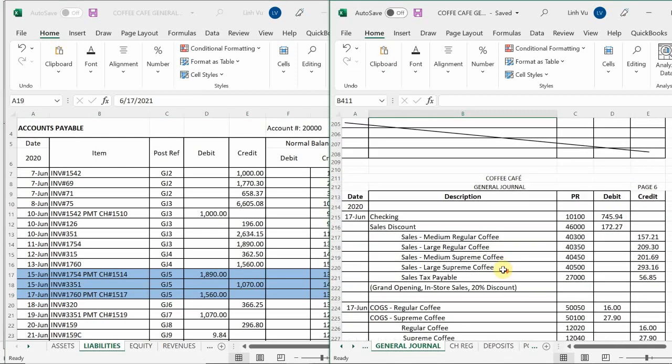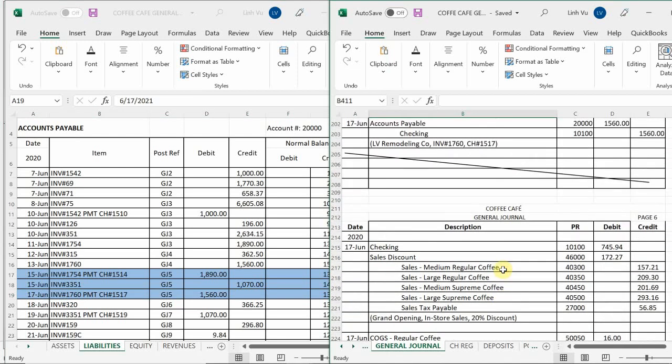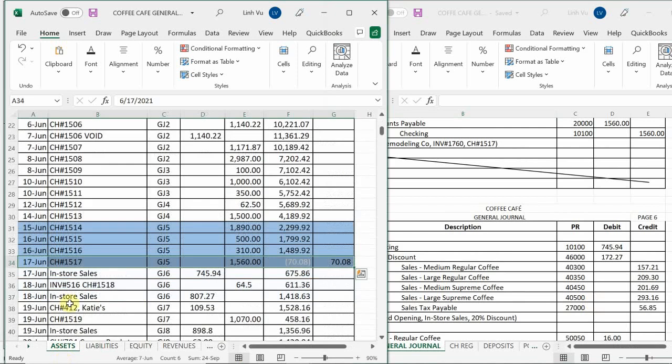Next transaction we have is our checking and our sales. Okay. So checking, sales, discount, and all of our sales. So let's go ahead and go to checking. Did we have this right here, in-store sales for the 745? Yes, we do.